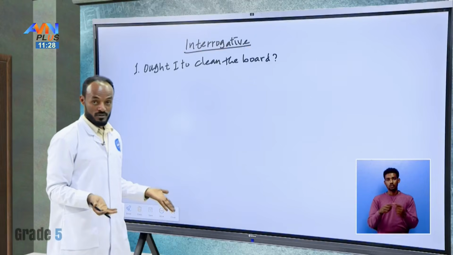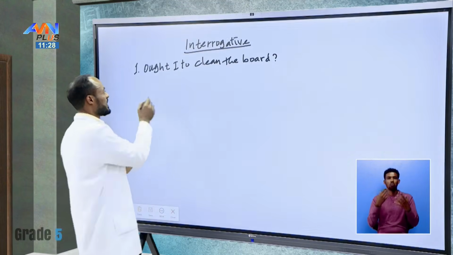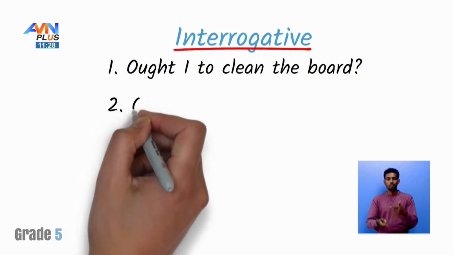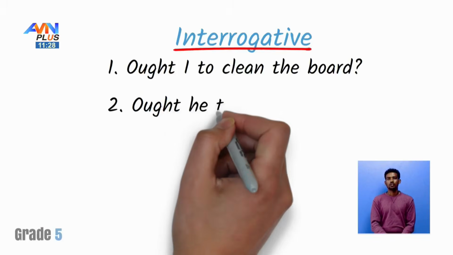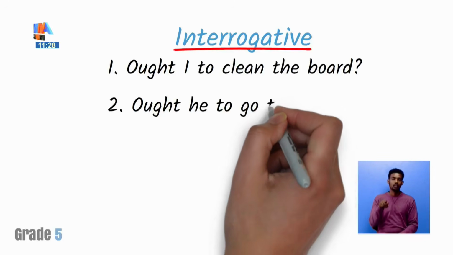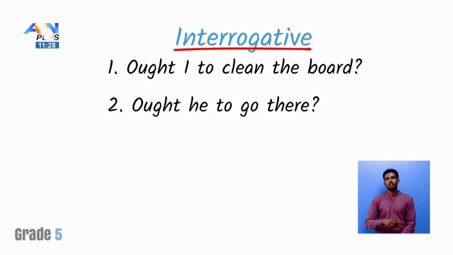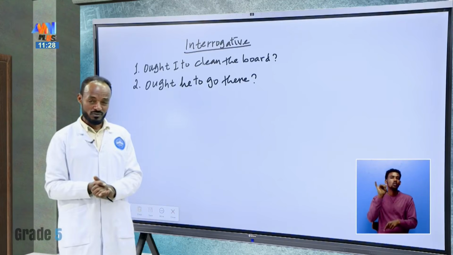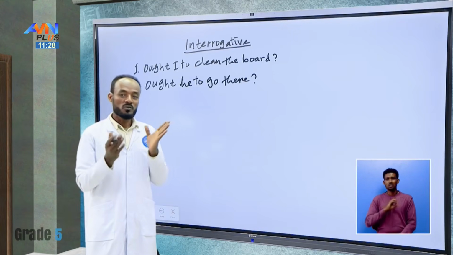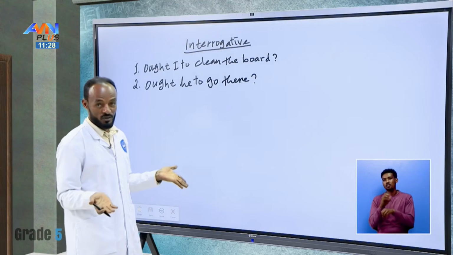Still it is possible, but it's not this common. Number 2, maybe we can say here, ought he to go there? Is it sensible? Not really. So it's not advisable to use such kinds of structure. It's not well known, okay?